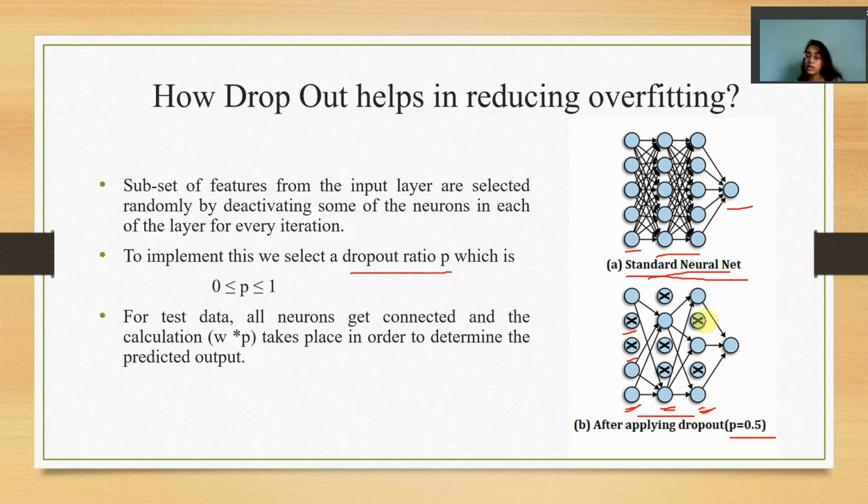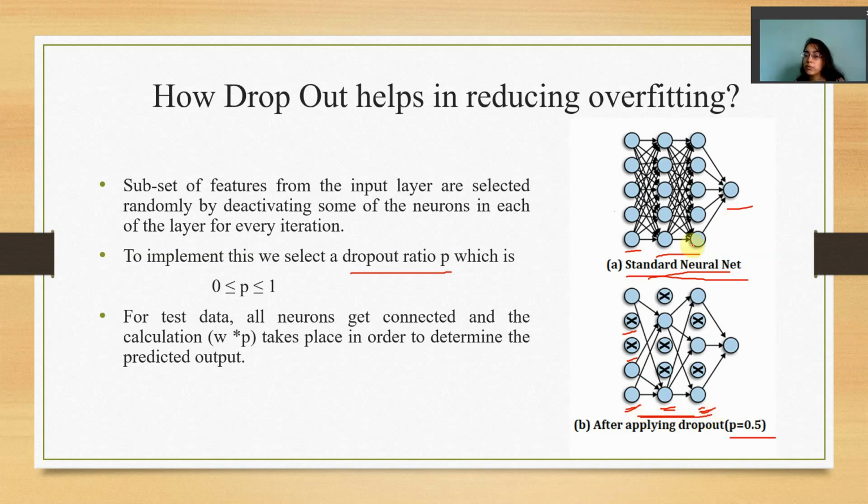So this is the usefulness of the dropout ratio. Based on this dropout ratio, this deactivation is done. Out of 3 neurons I have deactivated 2, so approximately the probability will be 0.5. Like this I have deactivated the neurons.